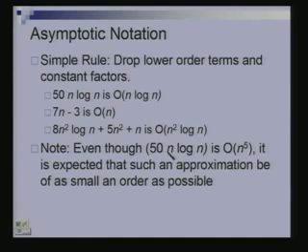Okay. Now this is a common error. So this function 50n log n is also big O of n to the 5. Yes or no? Yes. Why? Because this quantity is less than or equal to 50 times n to the 5 always, for all n, and that is just a constant.